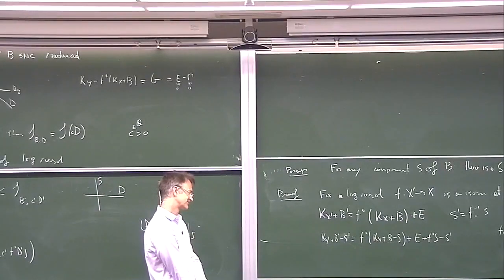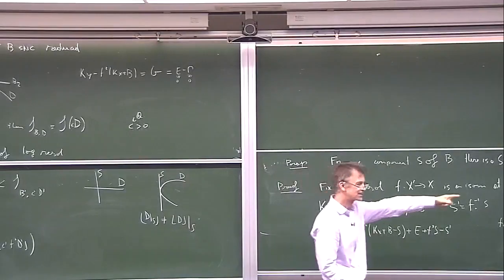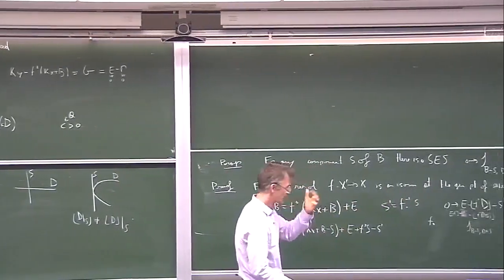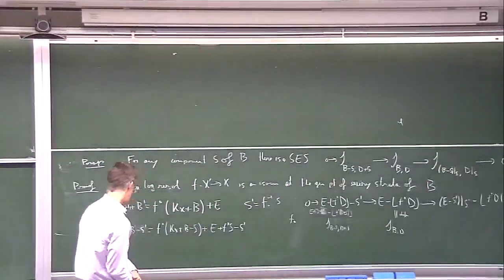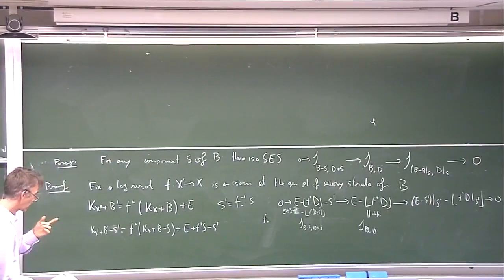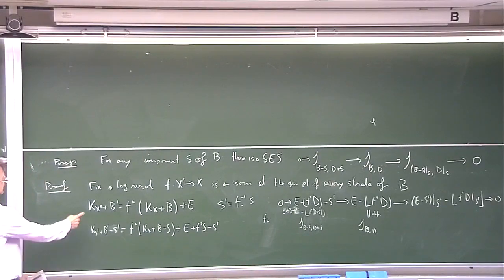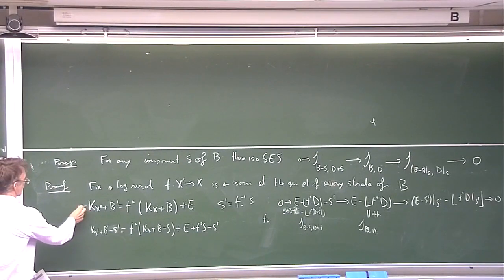You finished it. Yes. Okay, so now you have to do the same thing over there for the restriction to S. Hopefully that one is easy, because I can take this one and restrict to S prime.